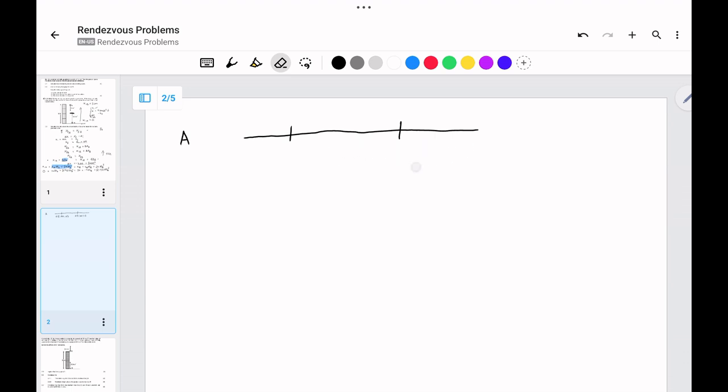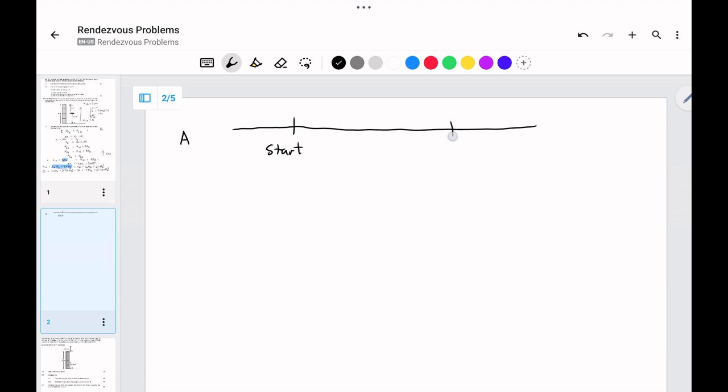We'll be able to mark off different events along the time, different events that apply to A. So let's say that A starts flying over here. This is the start of A's journey.